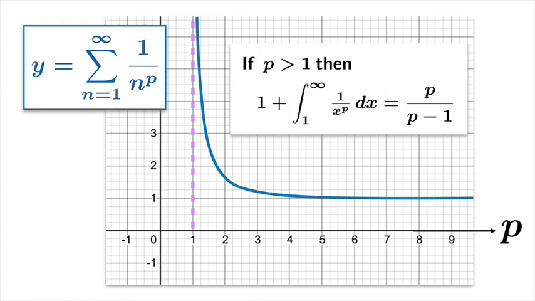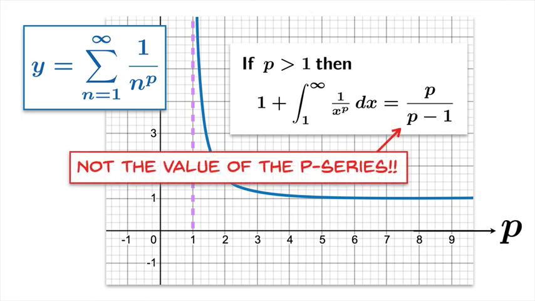Now, one of the things we calculated early in the video is this explicit formula here, 1 plus the integral from 1 to infinity of 1 over x to the p. We could figure out that that was p over p minus 1, but for some reason, students want to have explicit formulas for their sums. But this, I beg to emphasize, is not the value of the p-series.